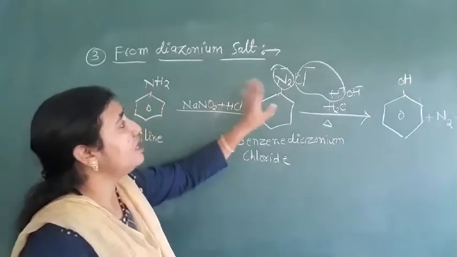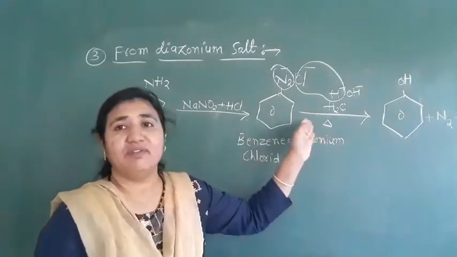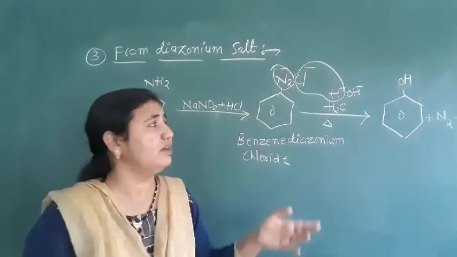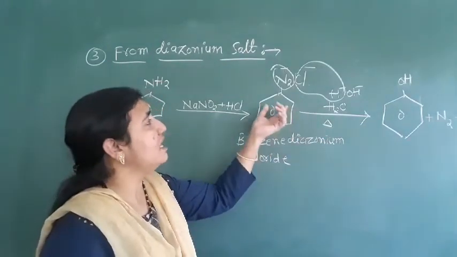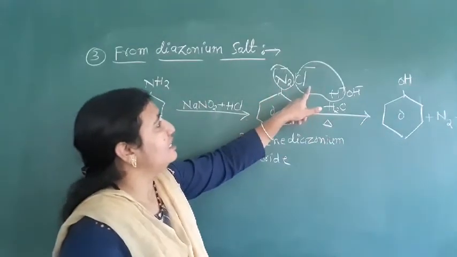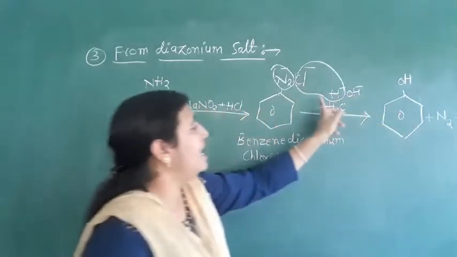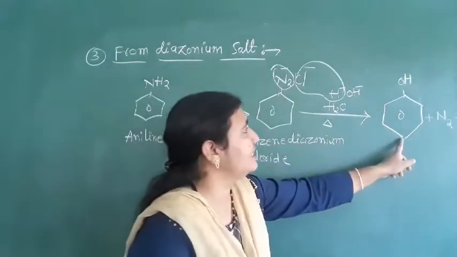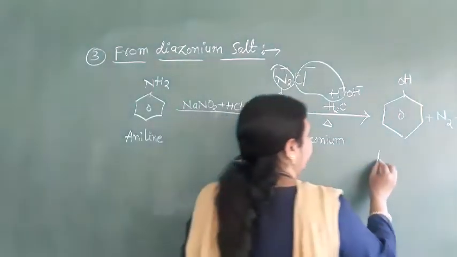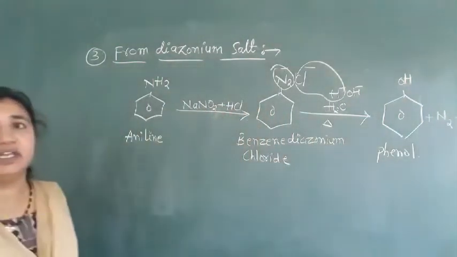It is a diazonium salt. When this benzene diazonium chloride is heated with warm water, it gives phenol. N2 is removed, H plus and Cl minus are removed as HCl, and nitrogen gas is also released, and we get phenol.